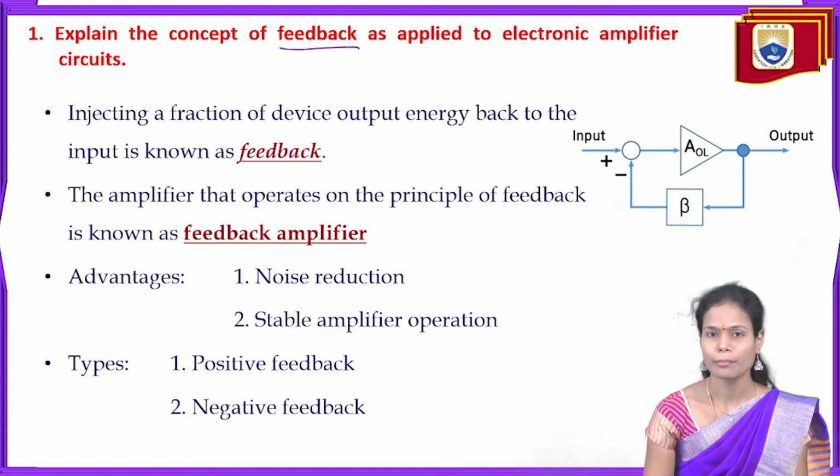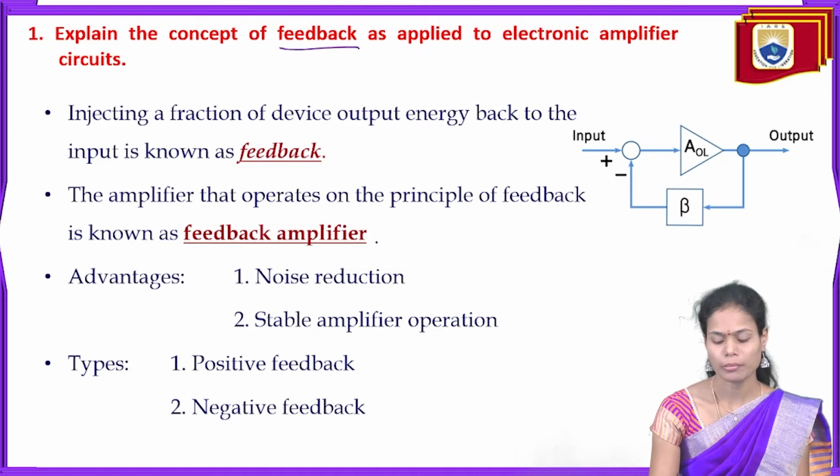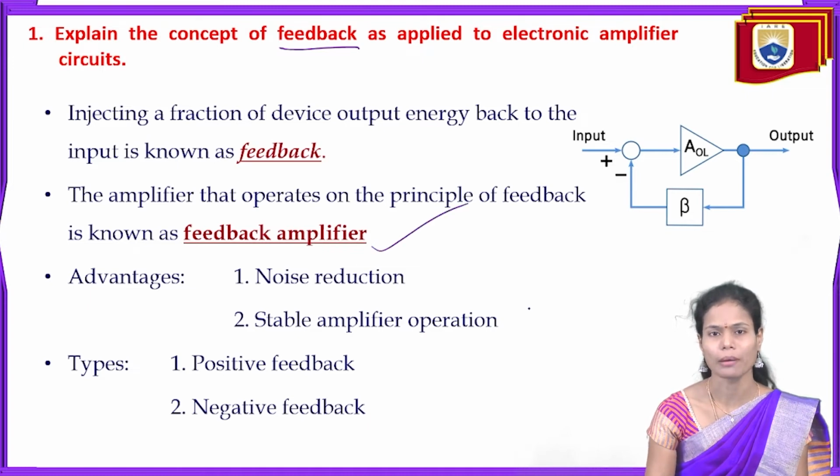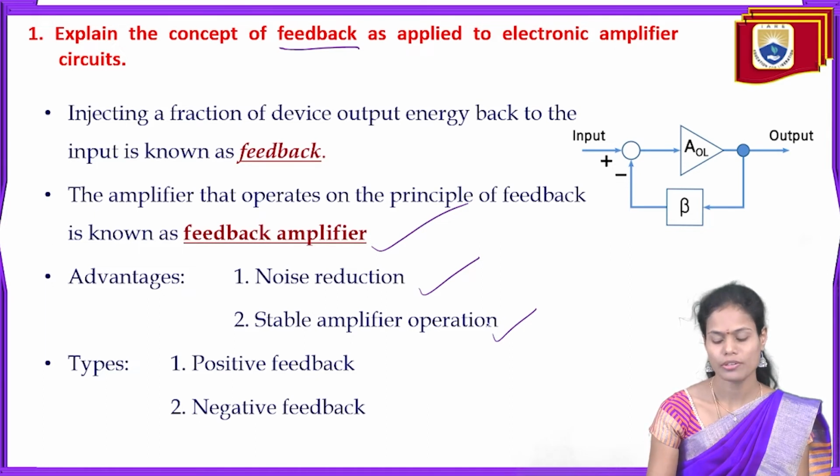So the feedback is nothing but we are taking some part of the output and again giving back to the input of the amplifier. So if any amplifier utilizing this concept, that amplifier we are calling it as the feedback amplifier. So advantages of this feedback amplifier, it will reduce the noise as well as it will provide the stable amplification across the output. So here we are having two types of feedback, positive feedback as well as negative feedback.